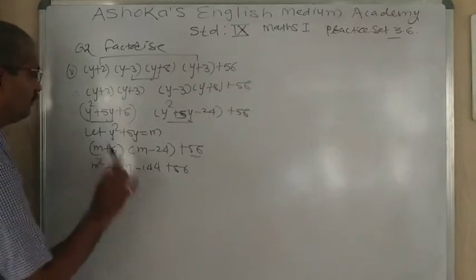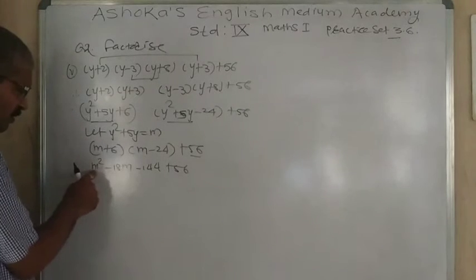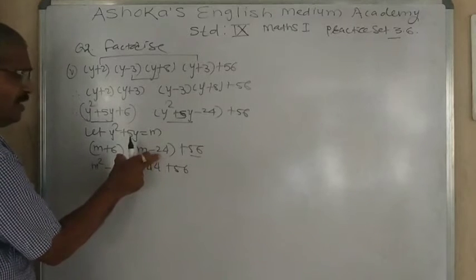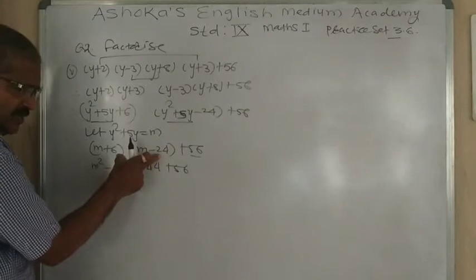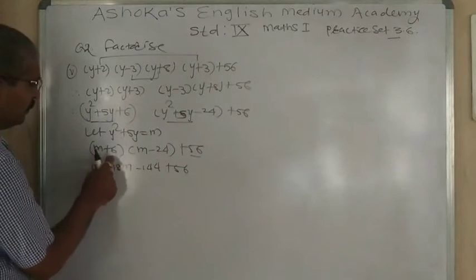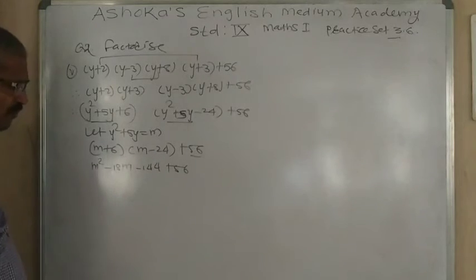Understand? M into m, first product of first terms. Then the sum of second terms, minus 24 plus 6, minus 18m, the greater number's sign is given. Now the product of second terms, 24 sixes are minus 144 plus 56.